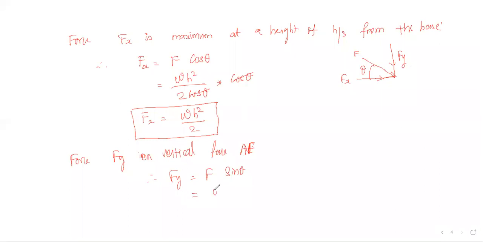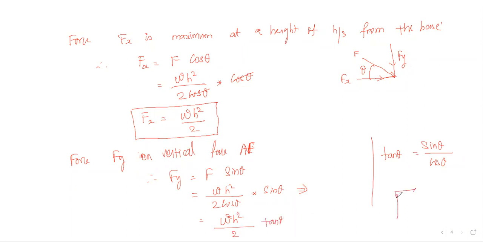So here F is equal to density into h square divided by 2 cos theta, into sin theta. Whereas sin theta by cos theta is equal to tan theta. So we can write density into h square divided by 2 into tan theta.